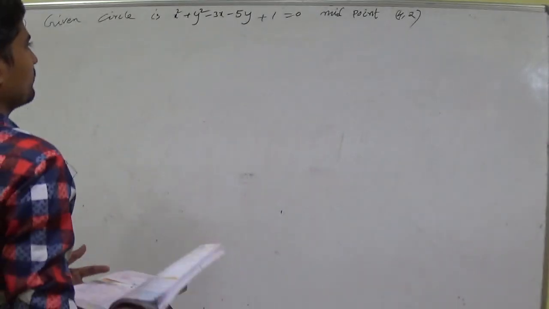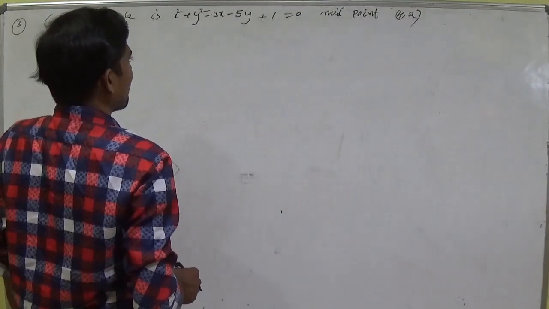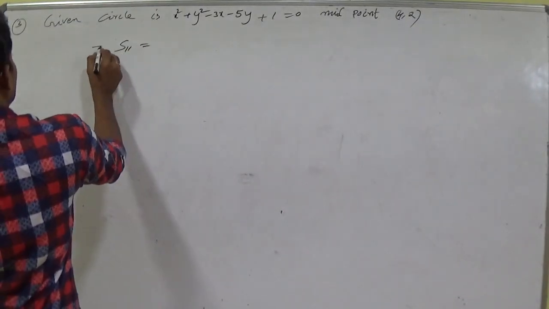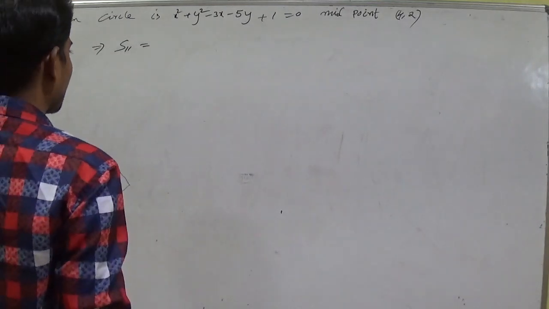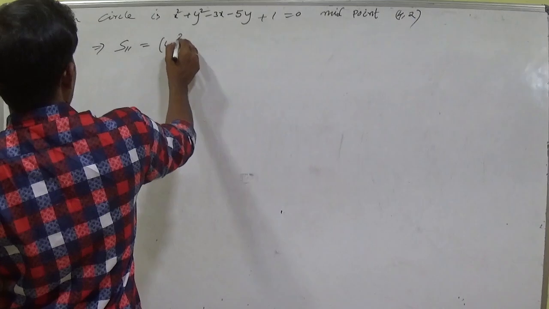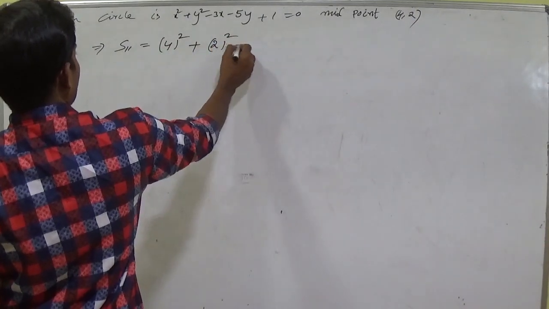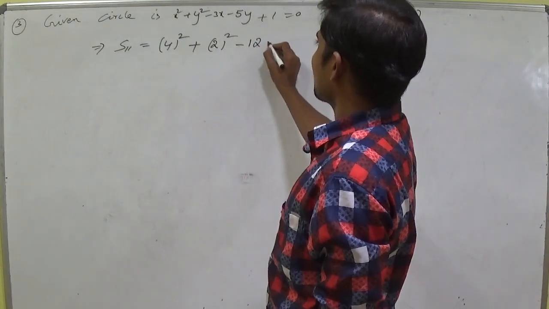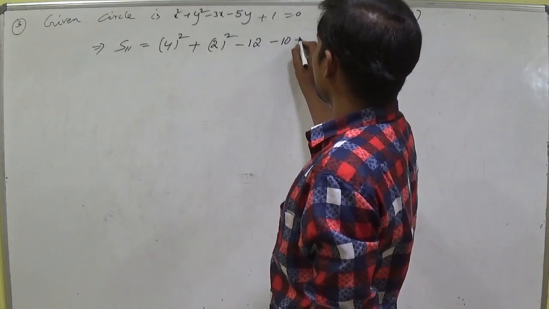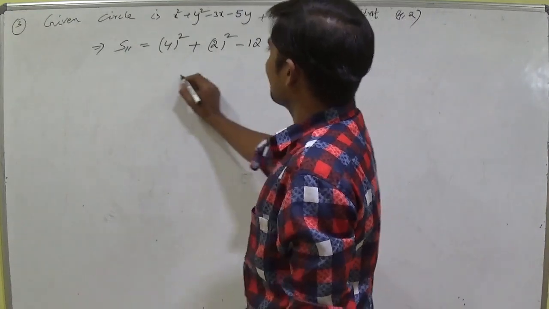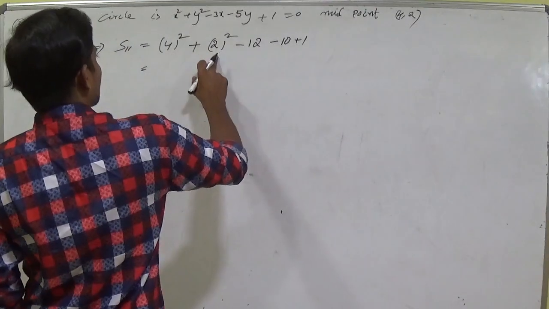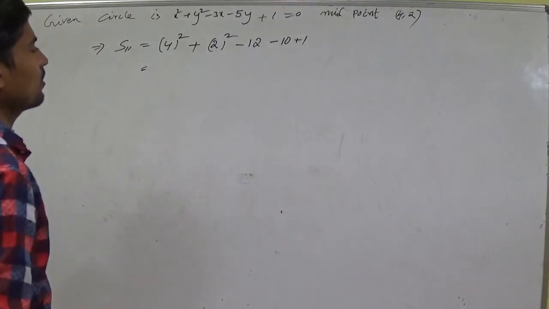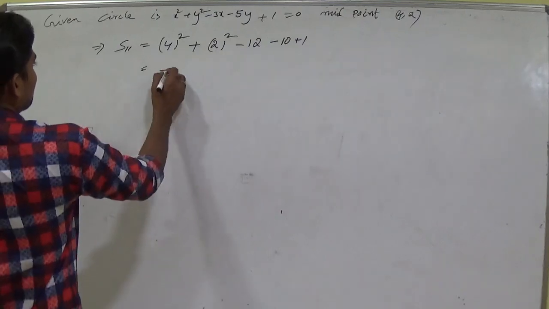Then length of the chord equal to square root of S11. S11 equal to x1 square plus y1 square, 4 square plus 2 square, 2g x1 minus 12 minus 10 plus 1, which is equal to 16, 20 and minus 2, that is equal to minus 1, right?